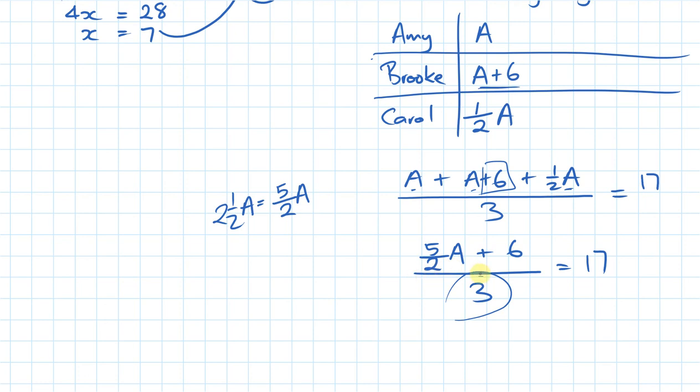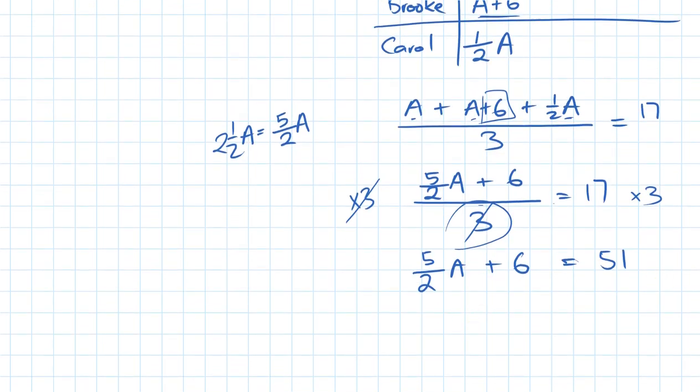So this whole thing is divided by 3. To deal with this denominator of 3, I am going to multiply both sides by 3. These two cancel each other, and I'm left with 5 over 2 A plus 6 on that side equals 17 times 3, which is 51.